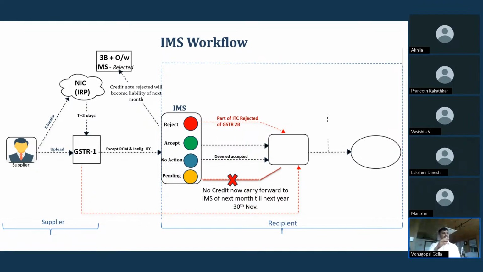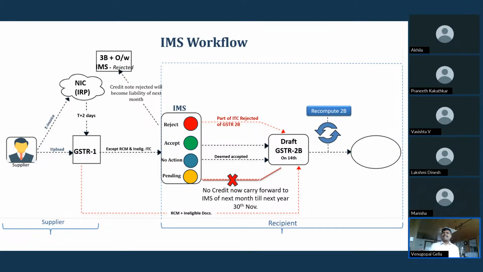Only these accept and action taken records would be flowing into GSTR 2B, a draft 2B which is generated on the 14th. However, I can keep changing these actions till I file my GSTR 3B. That means I have to recompute my GSTR 2B before I file 3B.